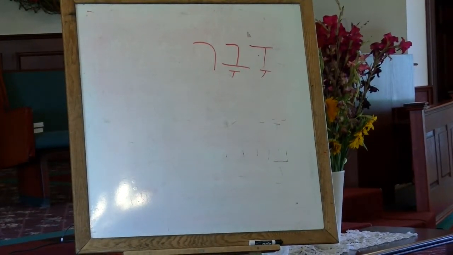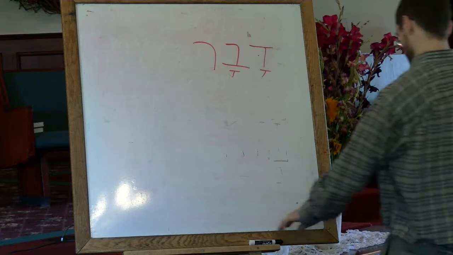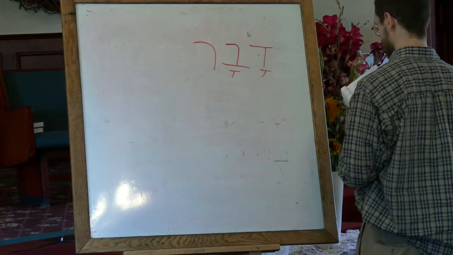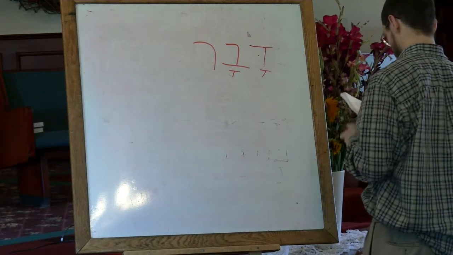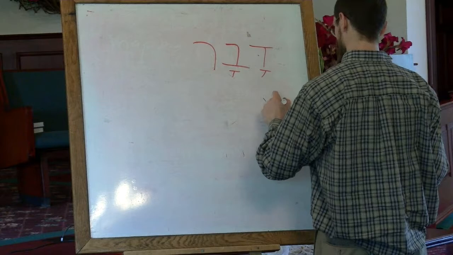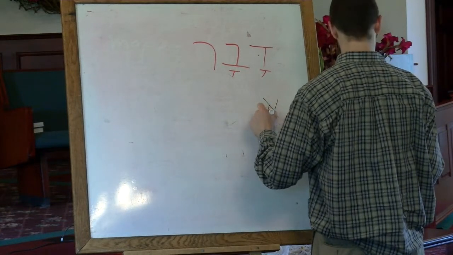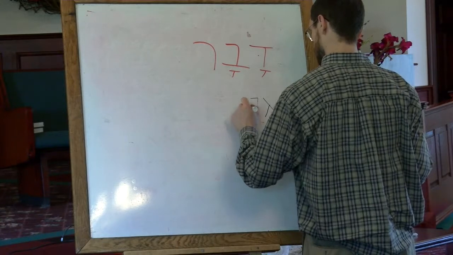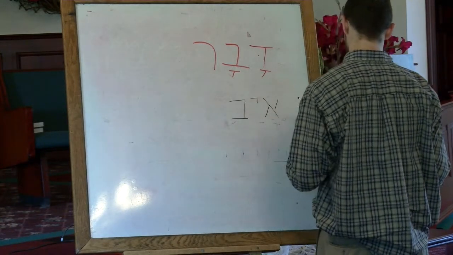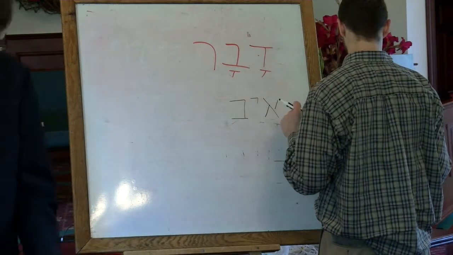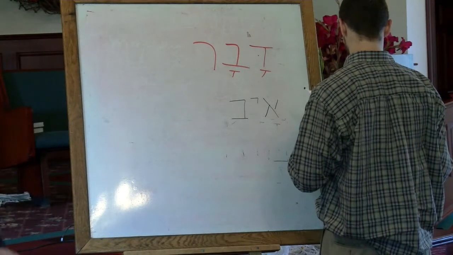Put oyev up, and then Lydia, why don't you do the very last word at the bottom, ra'av. You go ahead and put ra'av in the construct up on the board too.